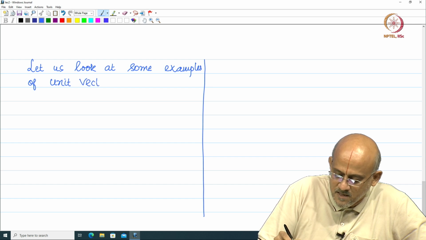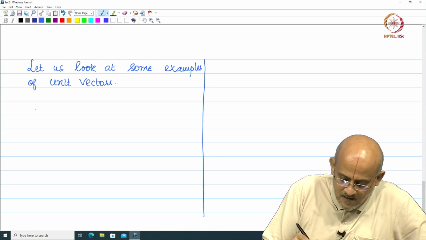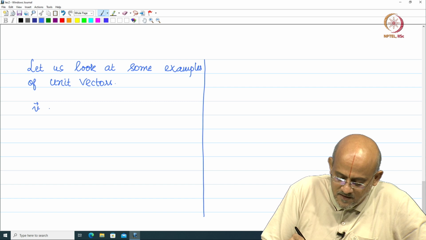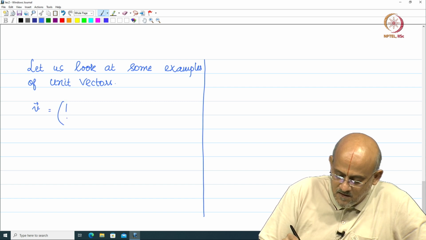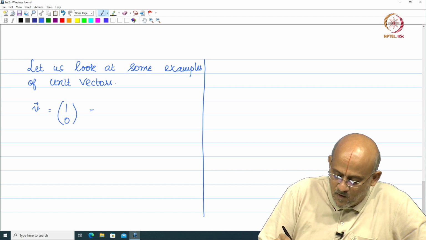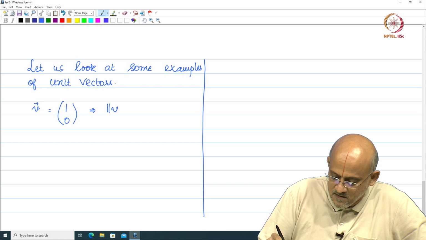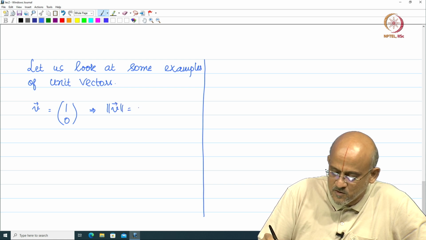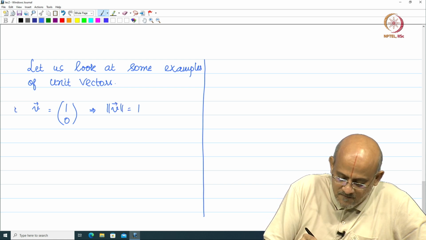What do we mean by some examples of unit vectors? Let me take this vector V, which is nothing but (1, 0). Now, what is the norm of this vector V? This is 1. This is my first example.